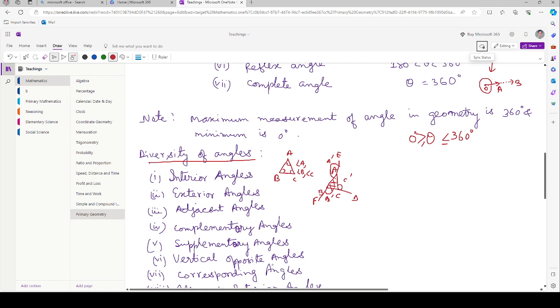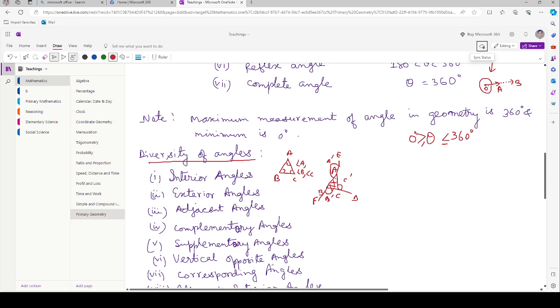So, angles formed inside a polygon are known as interior angles, whereas angles formed outside a polygon adjacent to its sides are known as exterior angles.